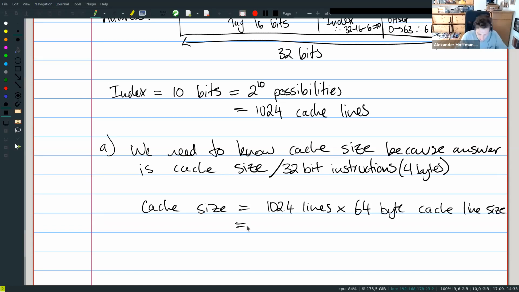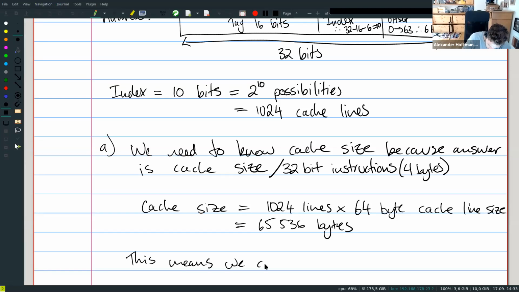So this equals 65,536 bytes. Now, this is my total cache size.